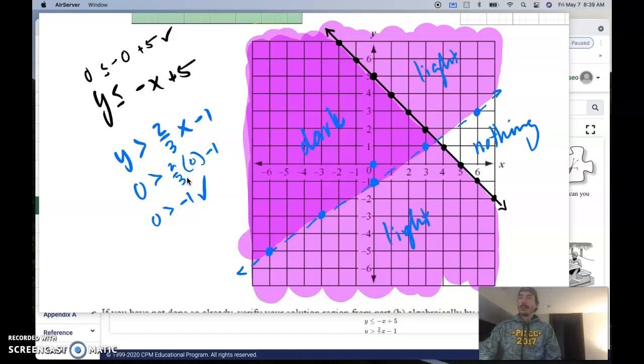That is a great question. Think about that for a second. That is where the black inequality was true, but that's also where the blue inequality was true. That's where we have both of those things true at the same time.